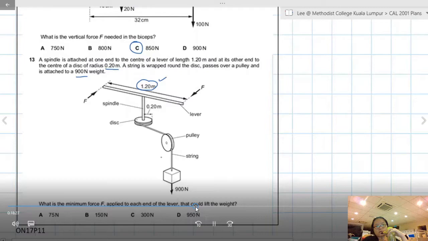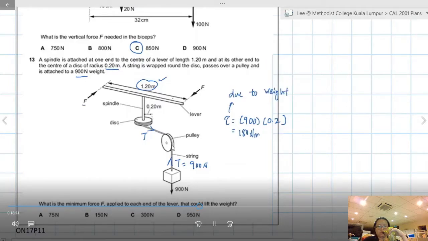Okay, and by the way, both F and F are a couple. Now you have the force of 900 Newton pointing up. You know this tension here is linked to this tension here, and this tension will cause a torque on the disc of 180 Newton meter.